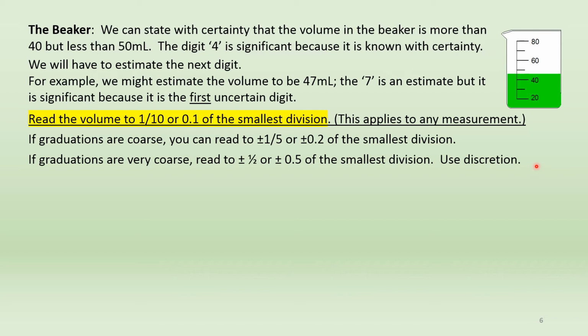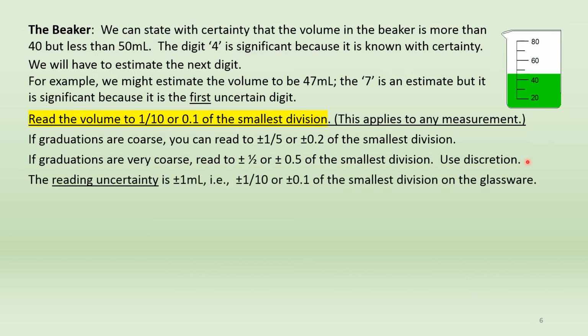So just use discretion. Whatever's reasonable works. So the reading uncertainty is 1/10 the smallest division. The smallest division is 10 mils, and 1/10 of that is a mil, so therefore my reading uncertainty is plus or minus 1 milliliter. So my estimated volume is 47 mils.